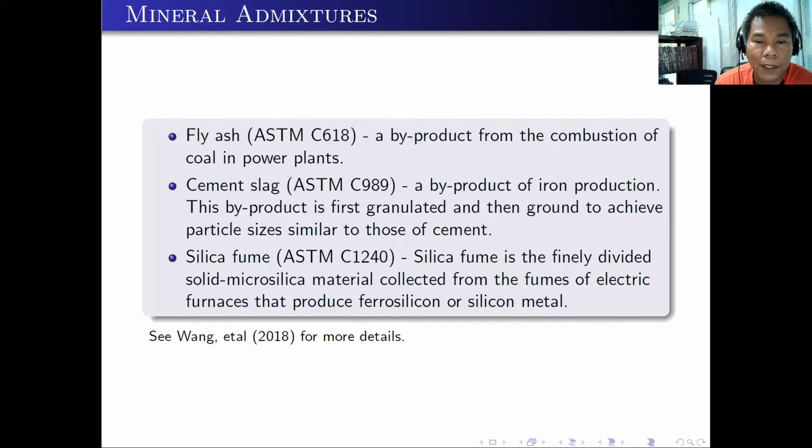This byproduct is first granulated and then ground to achieve particle sizes similar to those of cement. And also we have the silica fume. Silica fume is solid microsilica material collected from the fumes of electric furnaces that produce ferrosilicon or silicon metal.